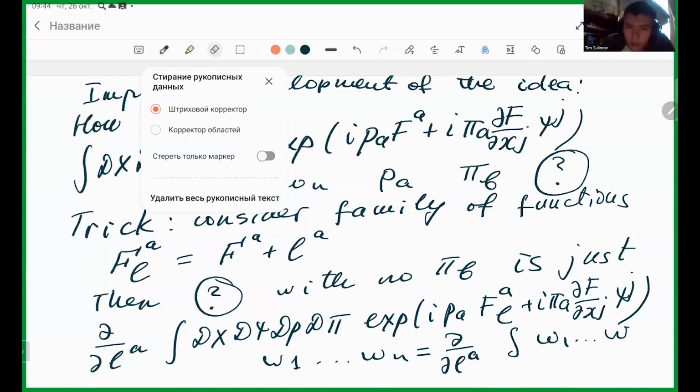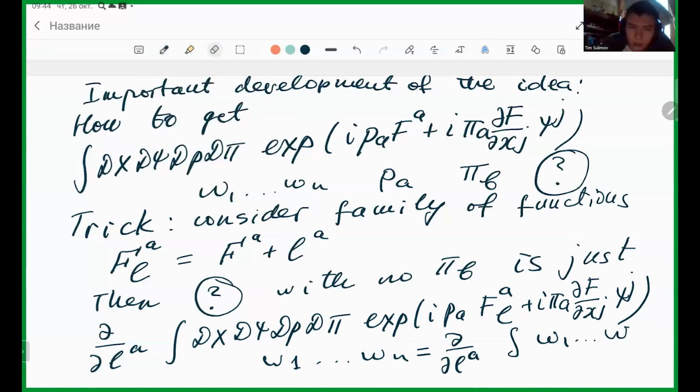But how does this insertion work? What is the integral that is next to the question mark? Is it like the regular one? Okay. Suppose I want to study this integral where PA is multiplied with all the omegas? Yes.